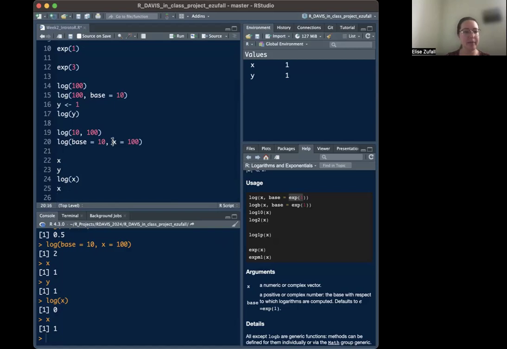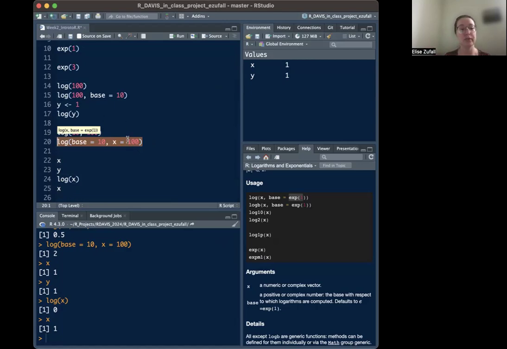And additionally, remember back here, we said x is 100 in this log argument definition, but when we ran x again, it still thought x was 1. So why is that? Well, this is within a function, and it's an argument definition within that function.